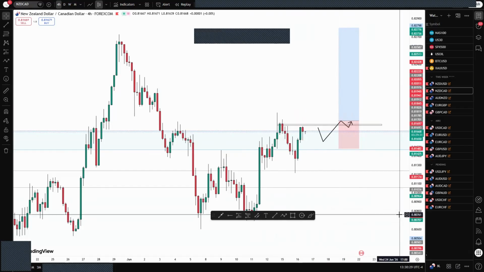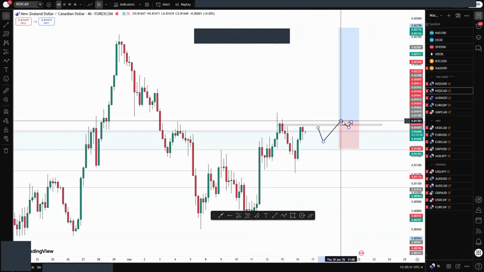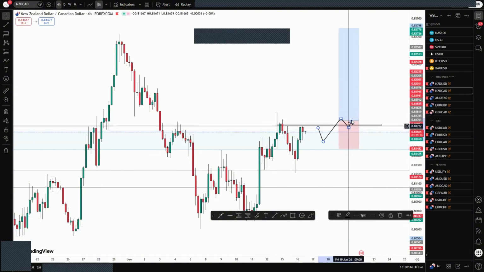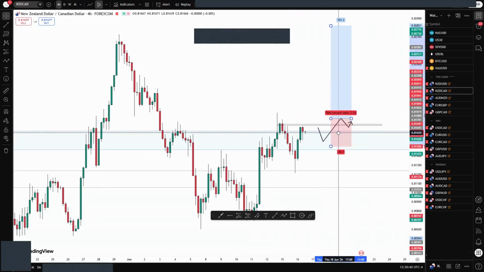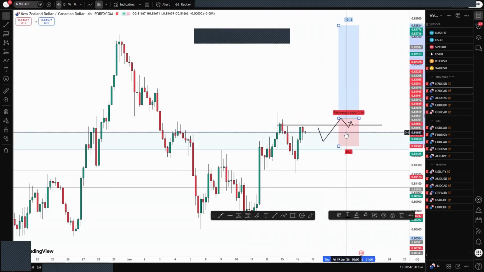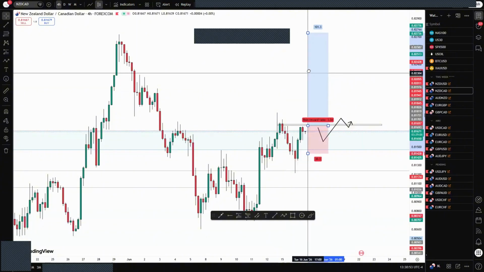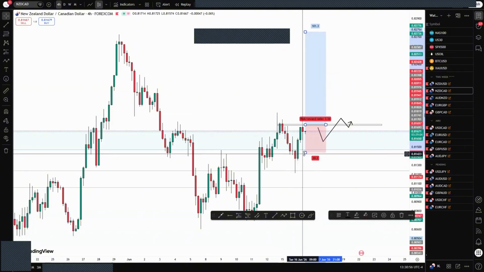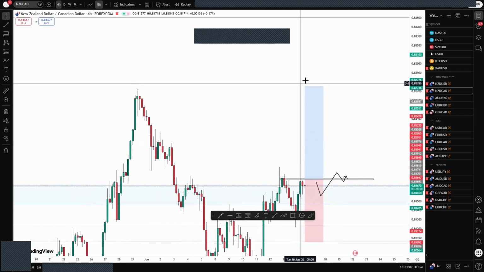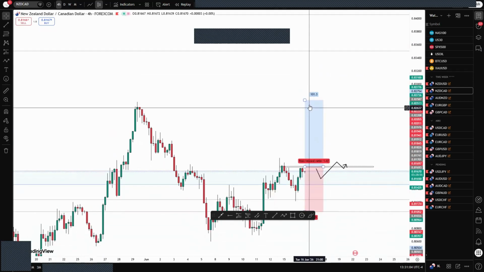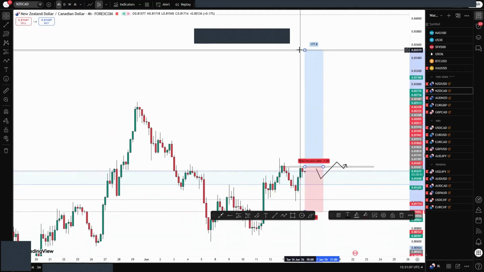Once the daily and the weekly is clear, we all know where price wants to go. But all that's left is that small logical entry, okay? Because that determines your return and your entry. Because if I want, I can just enter right now here and put my stop loss right below here and see what happens and put my take profit at this all-time high, because the weekly is bullish.